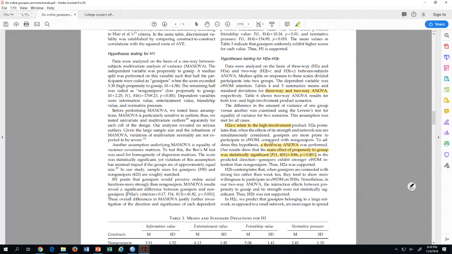What does that mean to you? That's H2A, right? It's supposed to be H2A, yeah. Gossipers more prone to participate in word of mouth compared to non-gossipers.